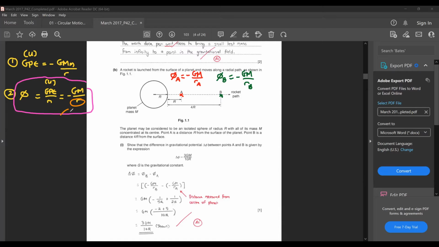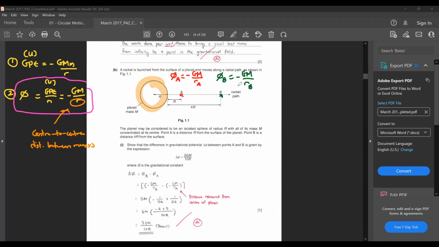It's the center to center distance between masses. Here you notice that the question actually just gave you one mass.